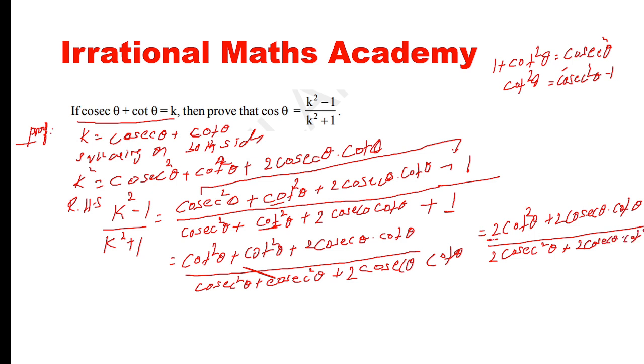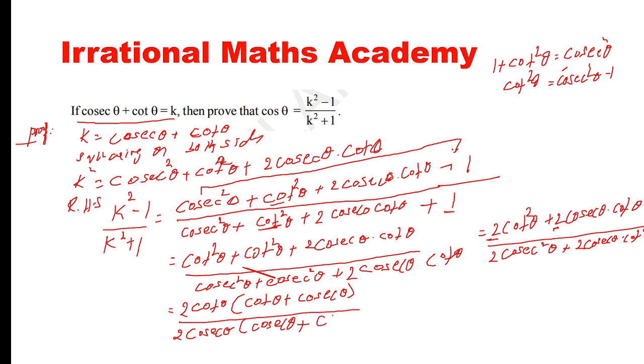If you observe this, here 2 is there, here 2 is there, here 2 cots are there, here 1 cot is there. So if I take 2 cot common, I am left with cot theta plus cosecant theta. Same thing in the denominator: 2 cosecant is there, if I take cosecant common, I get cosecant theta plus cot theta.